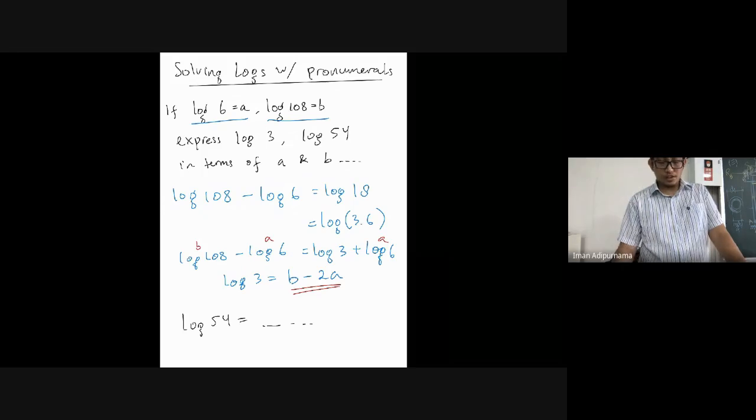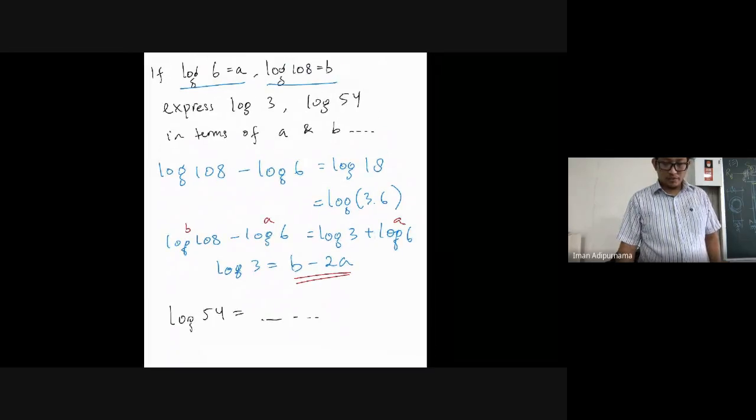Yeah, that's right. Try to find relations. You can start from anywhere actually. And for log 54, you can start with log 108, because 54 is half of 108. You can start from this.